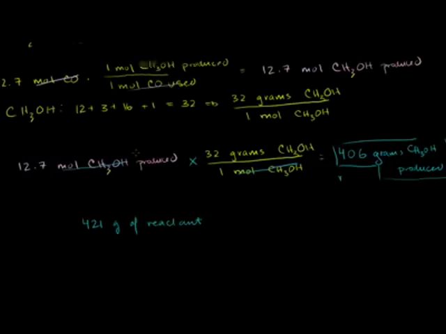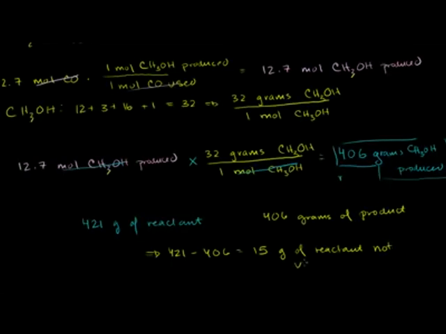And then we end up with 406 grams of product, our methanol. So that means that 421 minus 406 grams of reactant was not used. 421 minus 406 is what? 21 minus 6 is 15 grams of reactant not used.